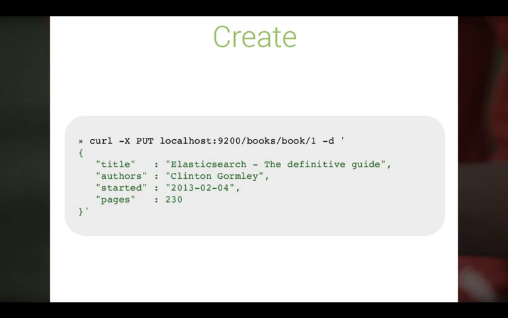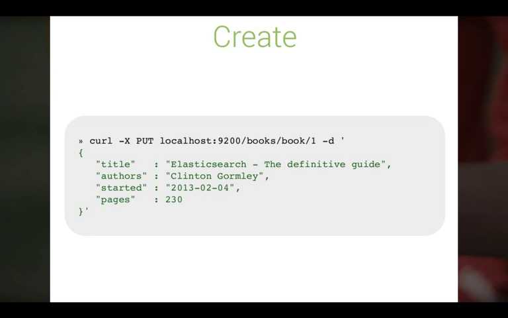For creating a new index, you can see on screen we have a curl query with HTTP method PUT, and we have a URL localhost colon 9200 slash books.